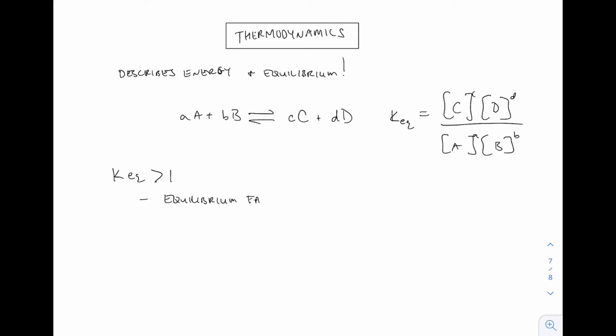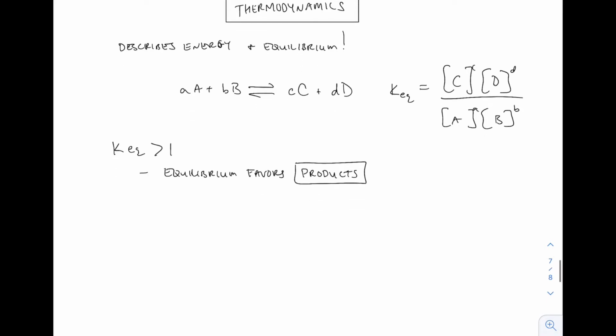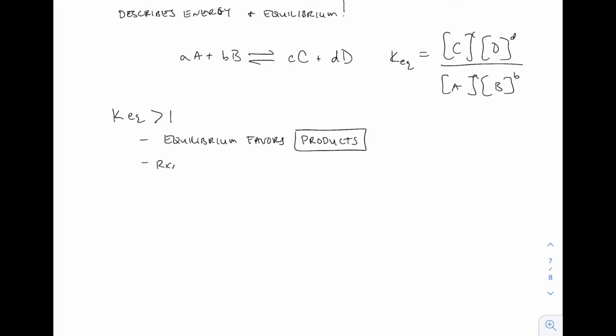And that's our equilibrium equation, right? And so we should also know that when Keq is greater than 1, the equilibrium favors the products. That means we have more products than reactants since those are in the numerator. And then the equilibrium lies to the right for that particular reaction, which is ideal, right? We want to make the products if we're trying to make things.